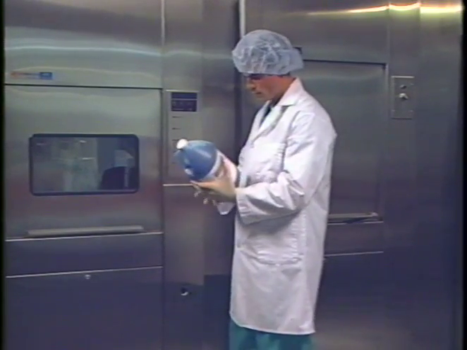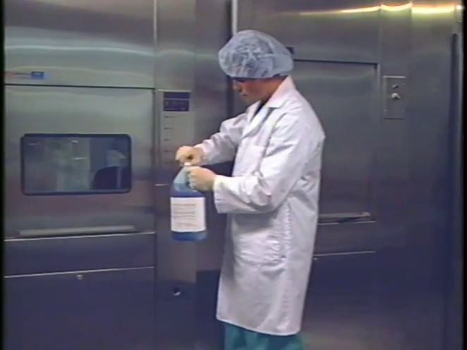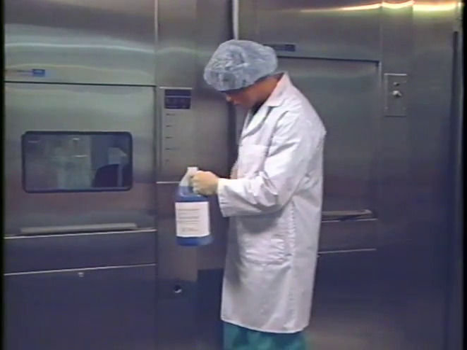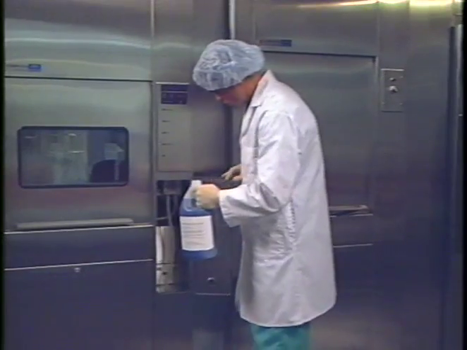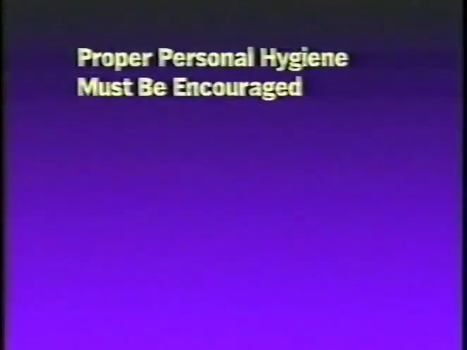Be sure to review any warning statements on the detergents being used. A good rule to follow is to avoid any direct contact with the skin, eyes, and mouth when using cleaning compounds. Proper personal hygiene must be encouraged.